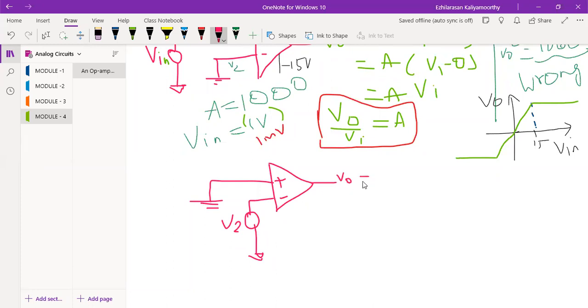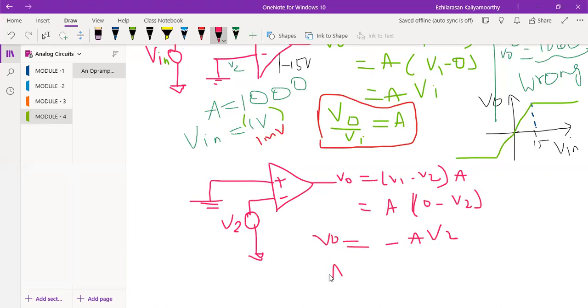V naught is equal to (V1 minus V2) into A, so we get A into V1, and V1 is 0, minus V2. So V naught is minus A into V2.